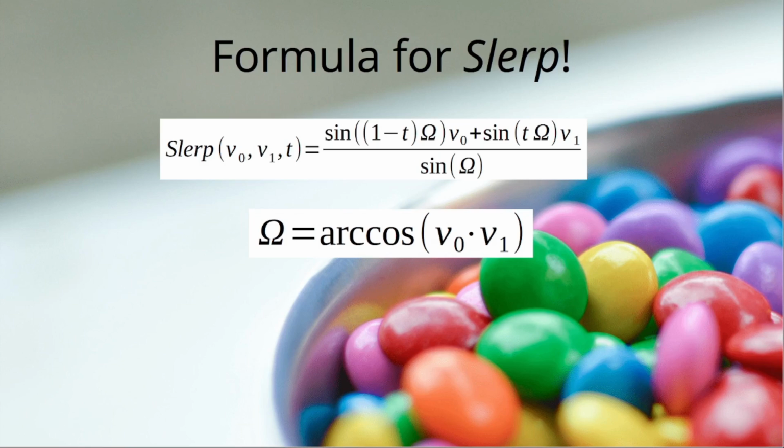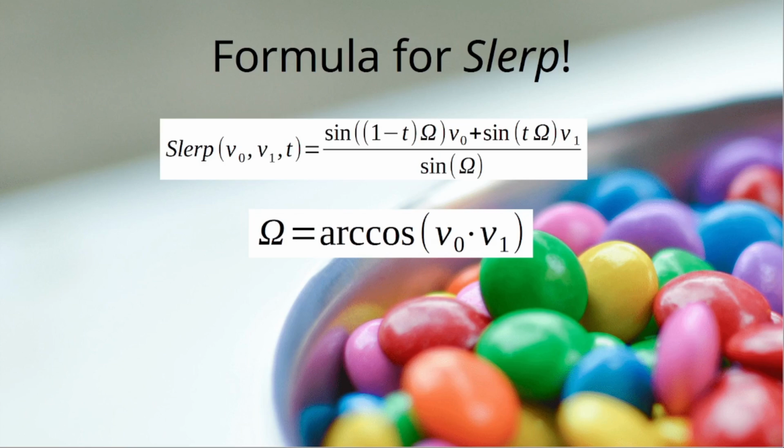After that, the sine of the quantity of 1 minus t times omega, that first half of that omega arc, run through sine, multiplied by v0 plus the sine of the other half of omega times v1, all divided by sine of omega, so you have your distances right, is going to give you the point along a sphere between v0 and v1.